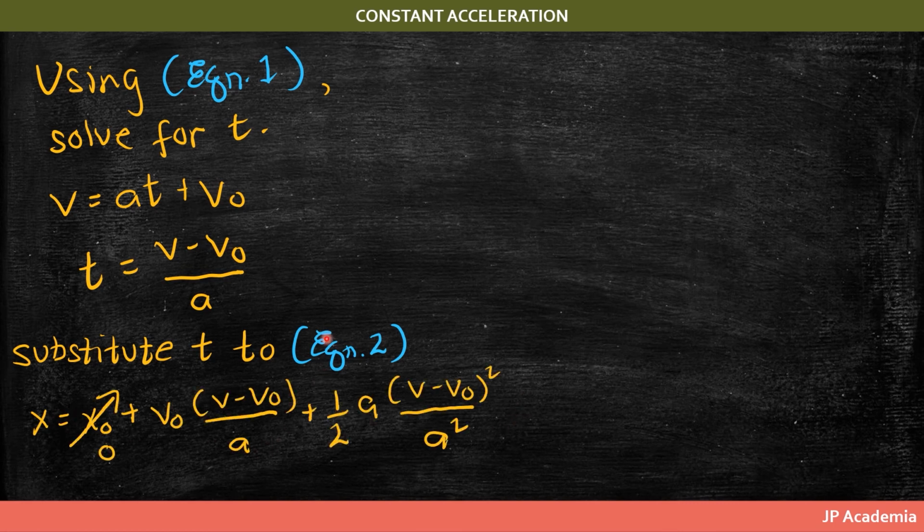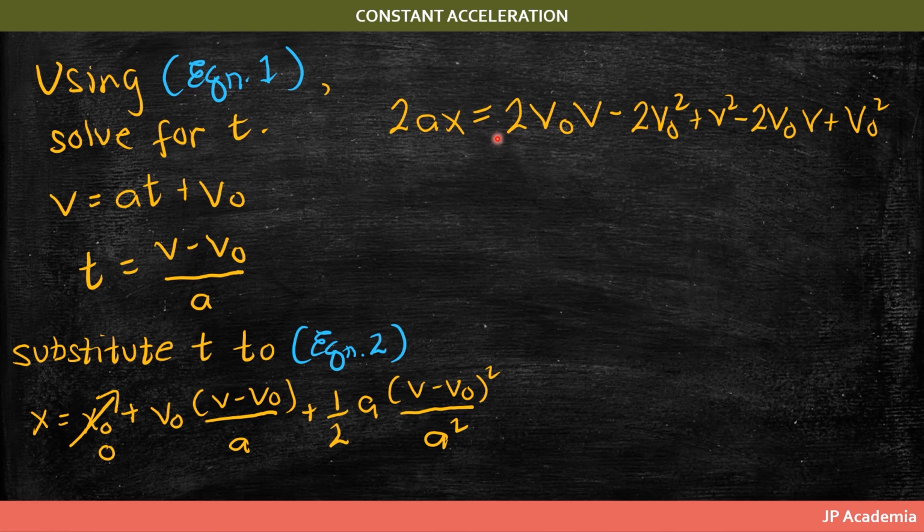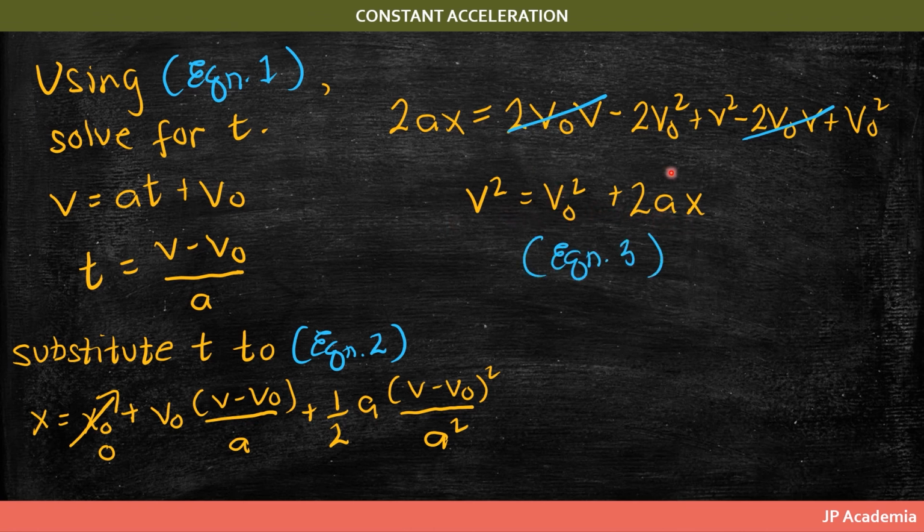So we have this expression, and let us assume that x naught is equal to 0, or the origin. Doing some algebraic manipulation, we now have this final expression: v squared is equal to v naught squared plus 2ax. This constant acceleration formula is useful if time is not given, but we have information for the displacement.